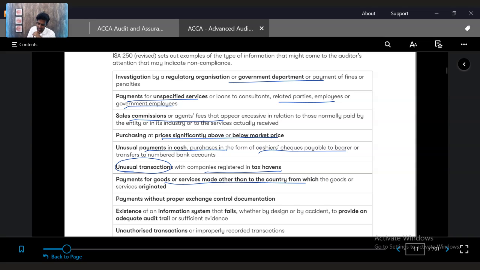Payments for goods and services made to a country other than the one from which the goods and services originated. You are trying to mask the transactions, or you don't want to show a certain kind of income.